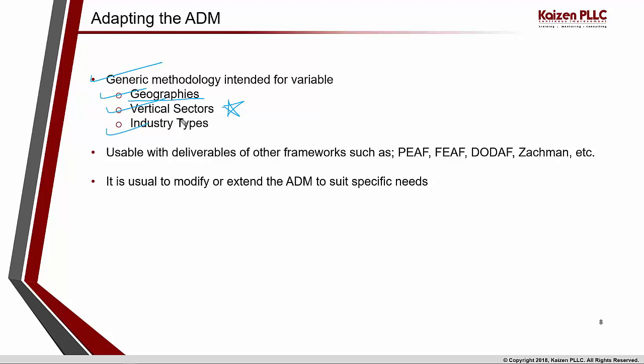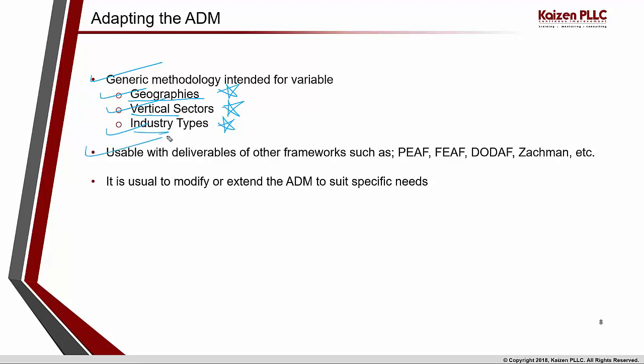It could be vertical as an example, healthcare, insurance, etc. And some of the examples of industries could be aerospace industry, agricultural industry, chemical industry, construction, real estate, entertainment, telecommunication, transport, etc.